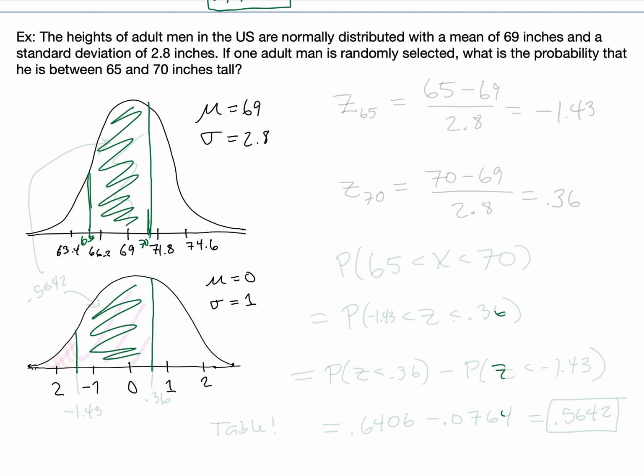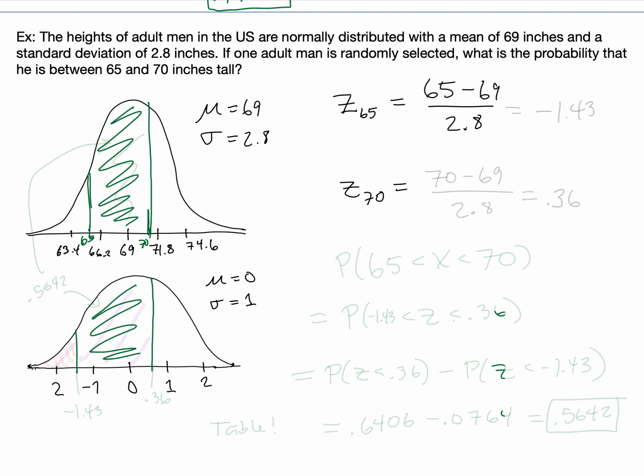So we're going to start by finding the z-score for each of those values, the z-score for 65 and the z-score for 70. So let's find those. The z-score for 65 is 65 minus the mean, 69, divided by the standard deviation, 2.8. So the data value minus the mean divided by the standard deviation.